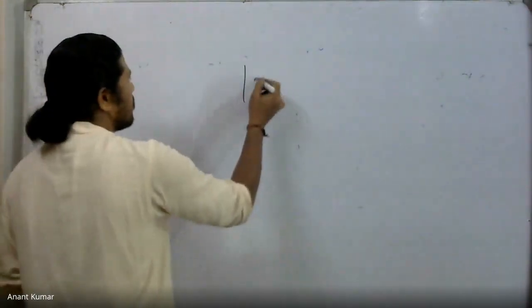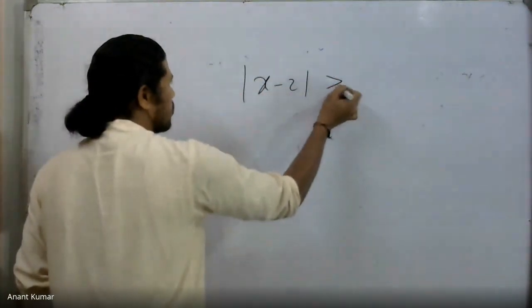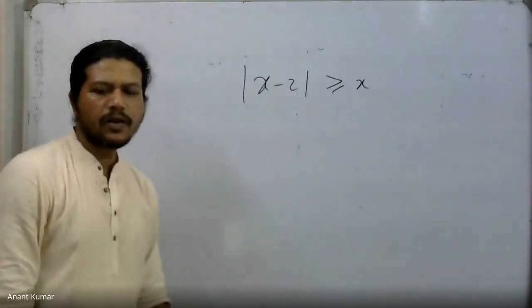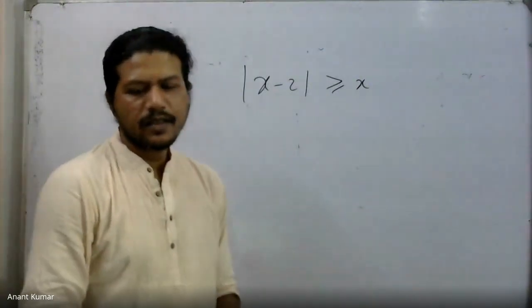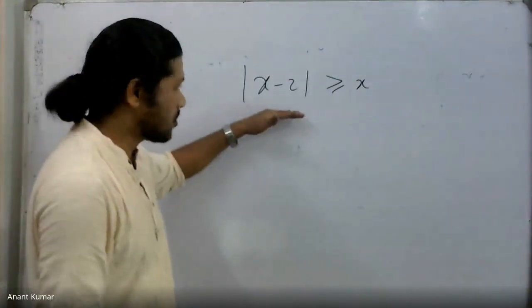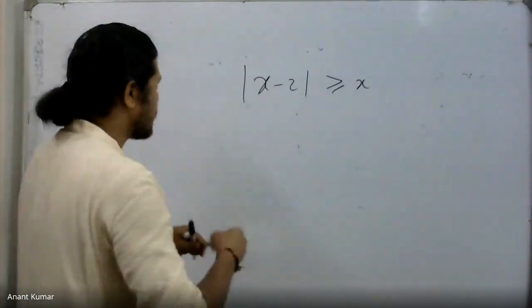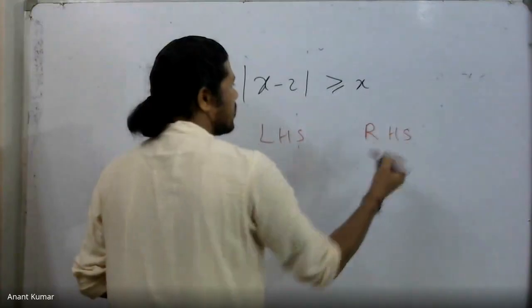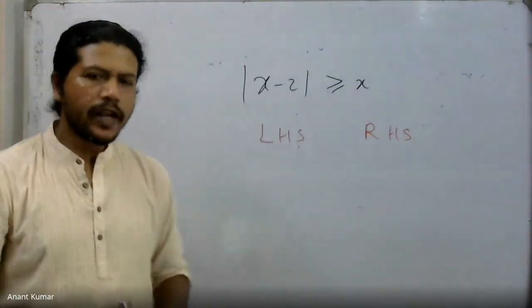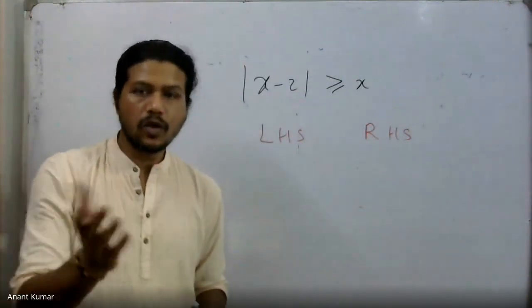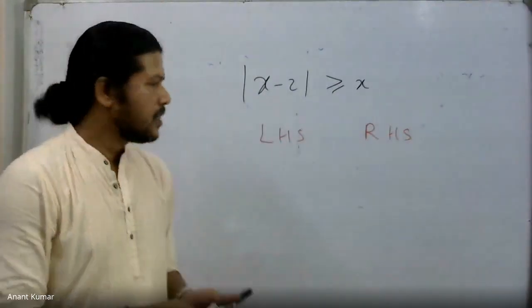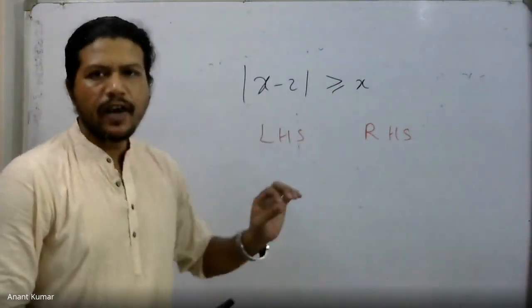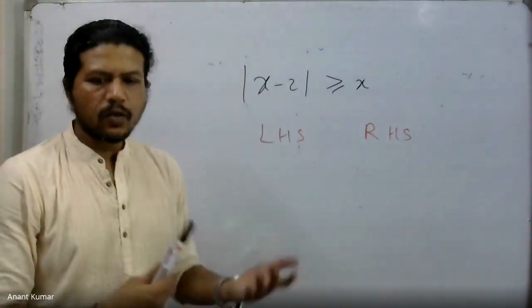Well, you remember the inequality. The inequality was mod of x minus 2 more than or equal to x. That was the inequality that we are solving. So this is the LHS, and that is the RHS. If I want to solve it by graphical means, I'm going to assign the y value of the expressions.